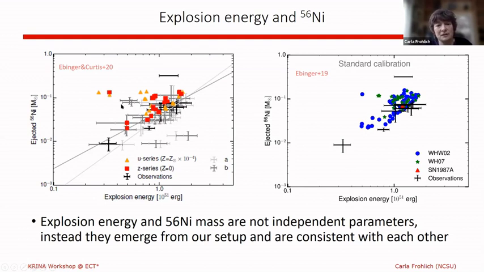There are these points that seem to be low explosion energy with relatively high nickel that are both in the observations and in some of our simulations. But by being able to do hundreds of simulations, we can compare bulk from the simulation with an ensemble of observations.